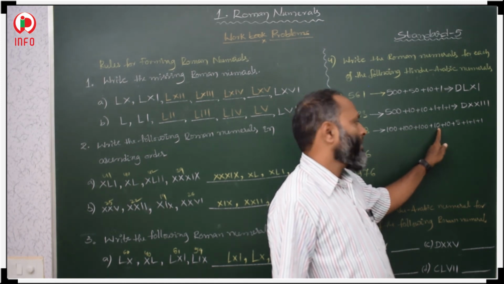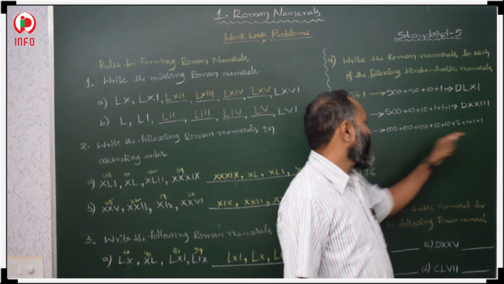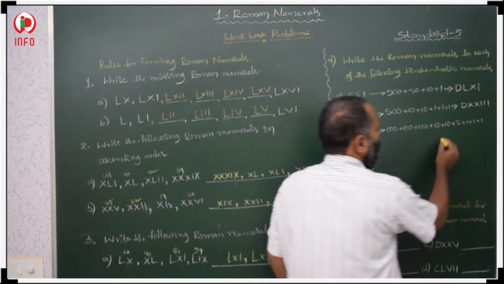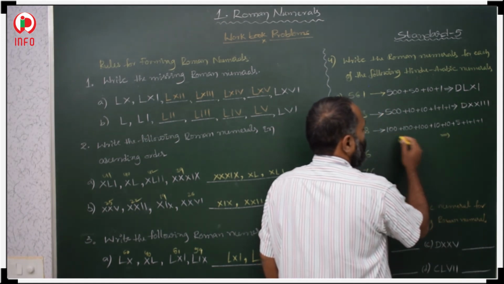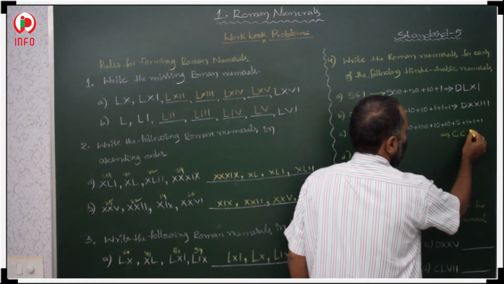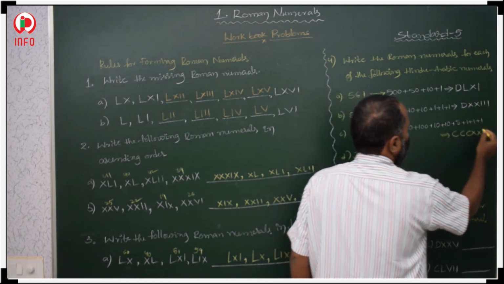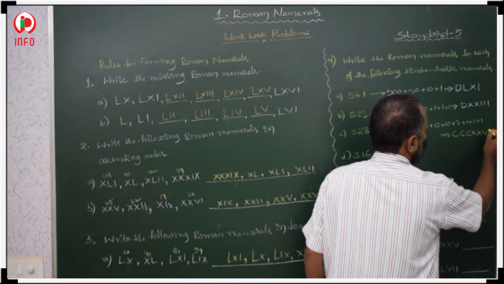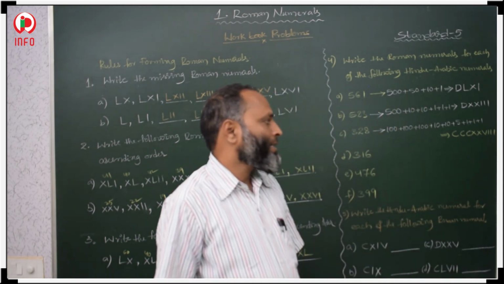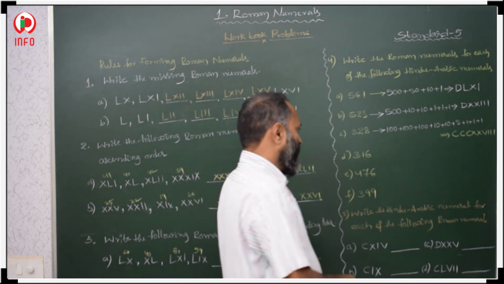Now, how to write this? 100 means C, C, C, 10 means X, X, 5 means V, 1 means I, I, I. C, C, C, X, X, V, I, I, I. So this is a Roman numeral.